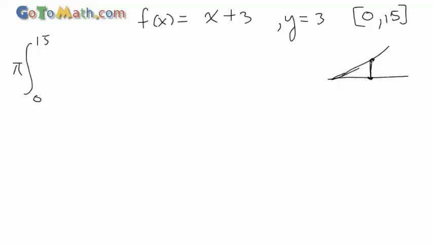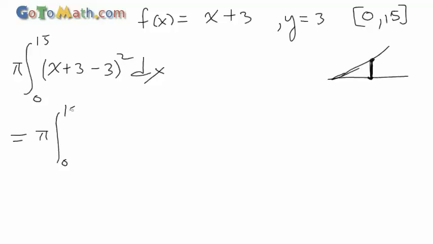That's the radius right there. So we have x plus 3 minus 3, and the whole thing is squared dx. So that's all we got to do. Let's simplify this thing down.